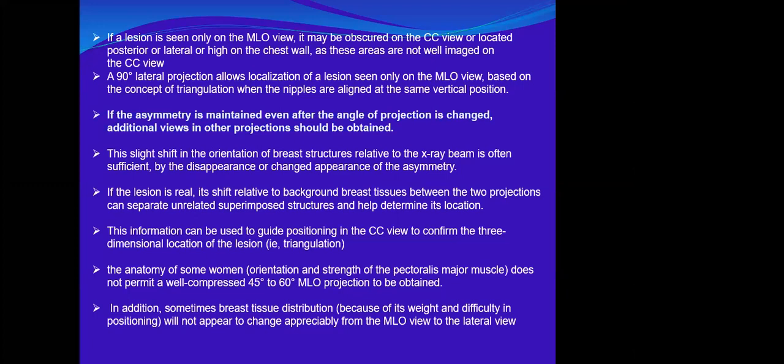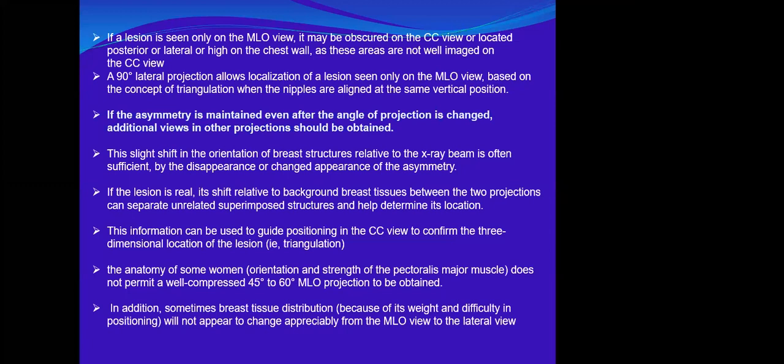This information can be used to guide positioning in the CC view to confirm the three-dimensional location of the lesion, or the triangulation, and the anatomy of the woman, the orientation and strength of the pectoralis muscles, might hinder the proper compression of the breast on the MLO.